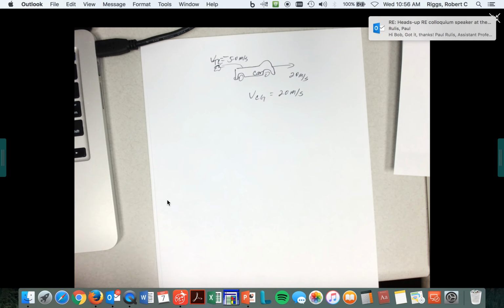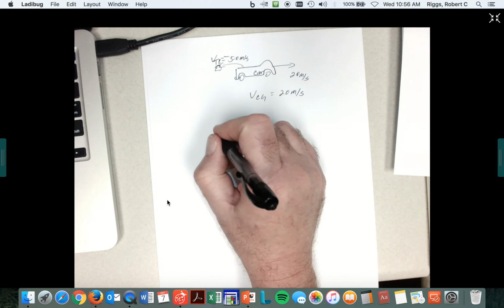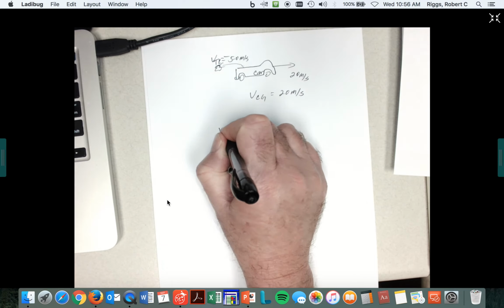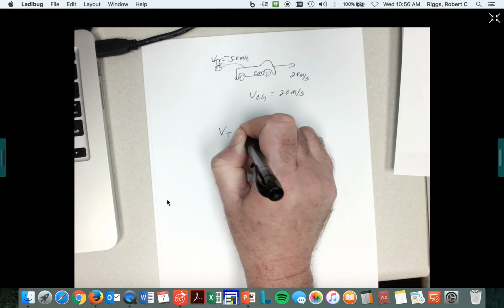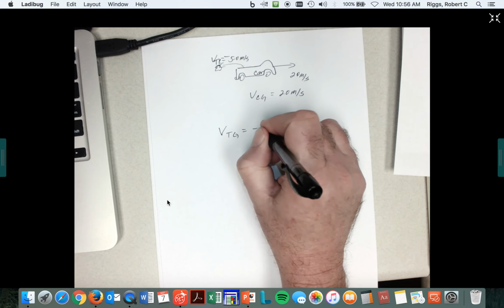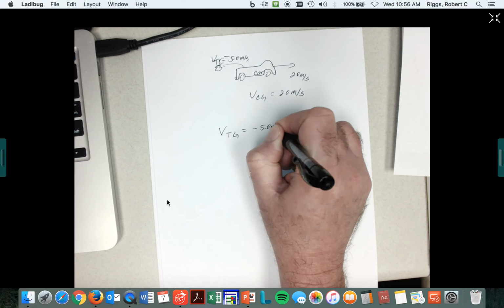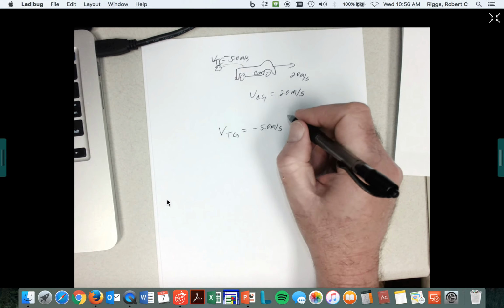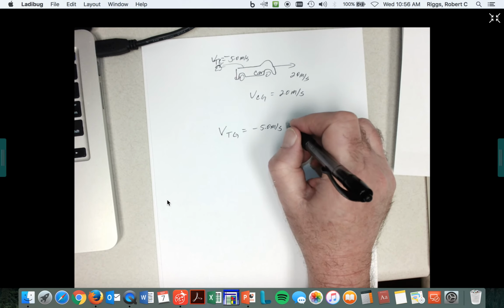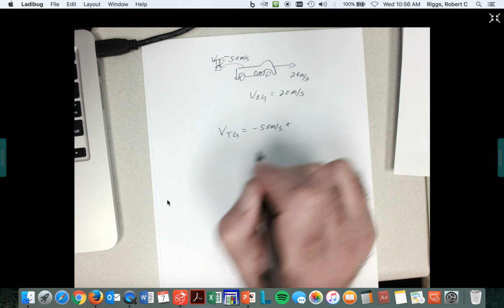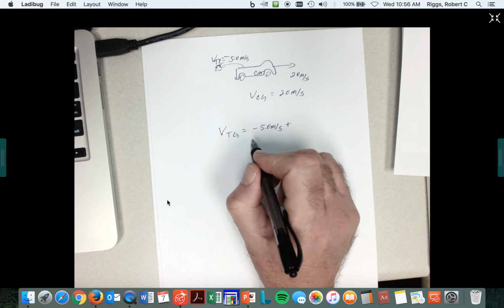So the velocity of the trash to the ground is minus 5 meters per second plus, so this is trash to ground.